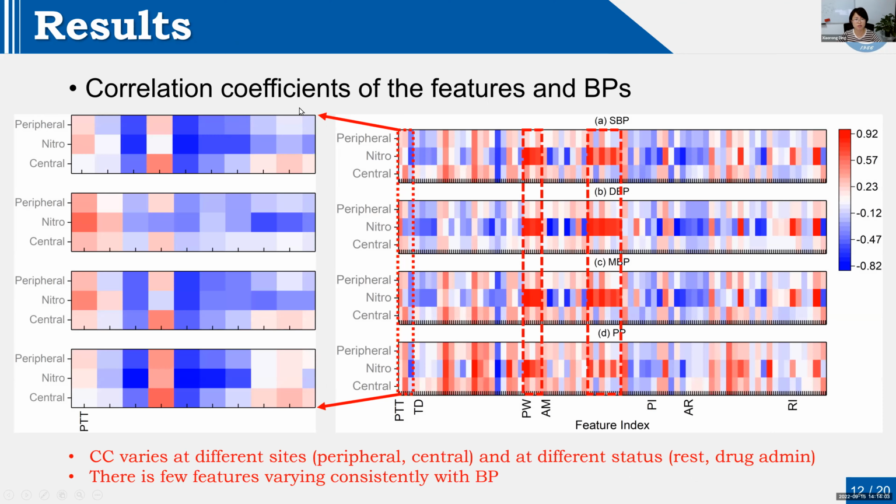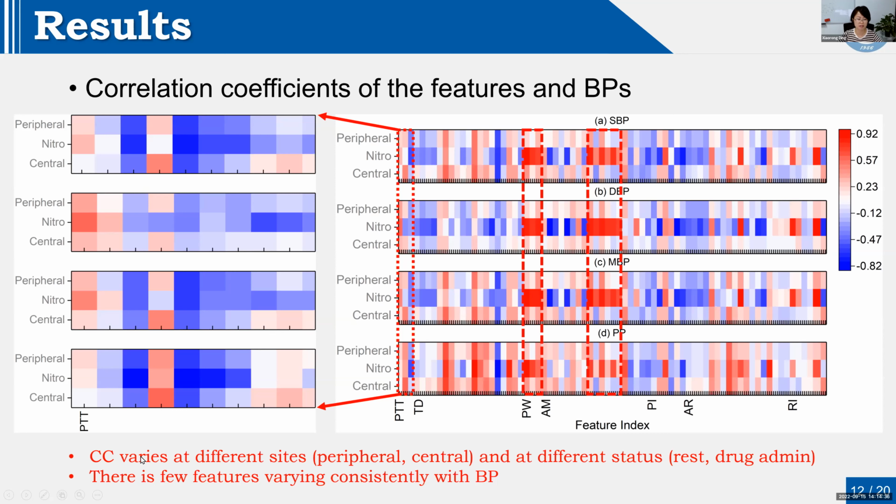This is the result showing the correlations of the 222 features, listed on the x-axis, and their relationship with blood pressure components, from the SBP to the pulse pressure. This is also evaluated at different sites of the artery: the peripheral artery at the radial artery, and the central artery, both at rest and while administering the drug nitroglycerin.